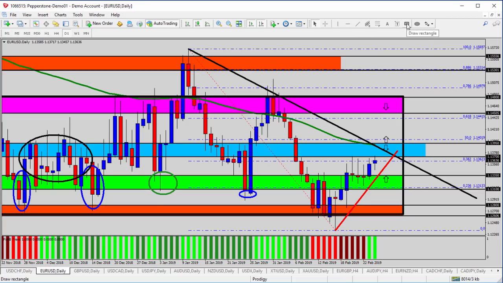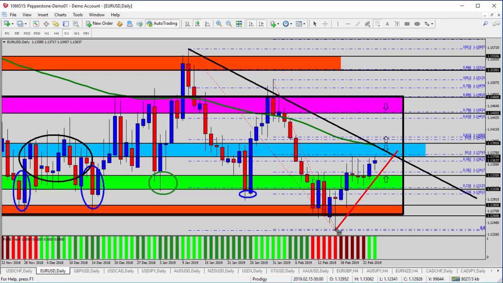Let's take Fibonacci as well from this high right here in the middle down to the low, and doing that we find the 618 fib of that range sitting here at 114.07, just the top of our blue zone. 382 down here is closer to the green zone. So we see some Fibonacci down near the green zone, some just above the blue zone, and some up at the pink zone, looking at those last two legs of the downtrend.